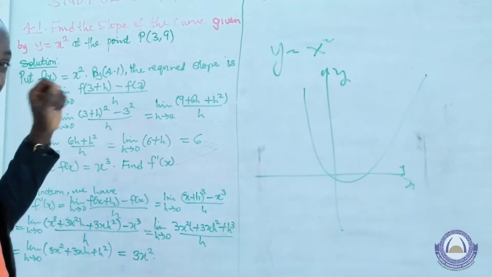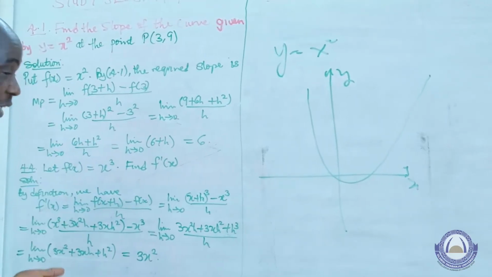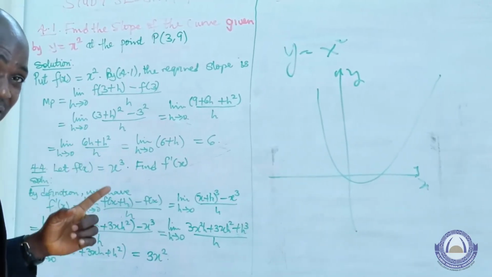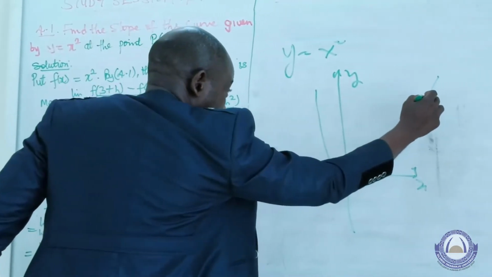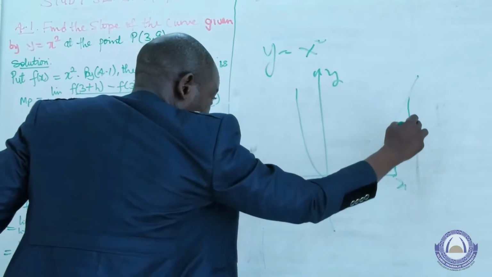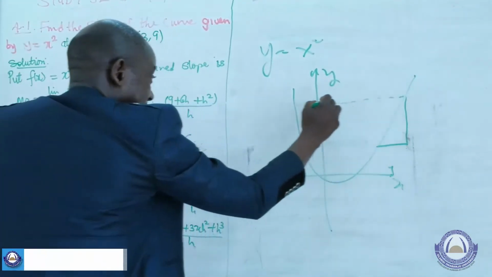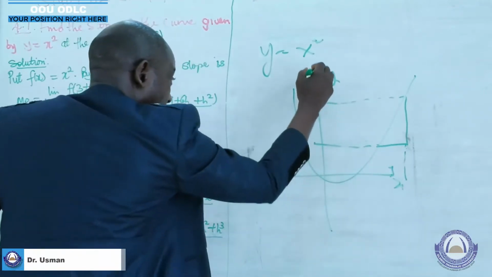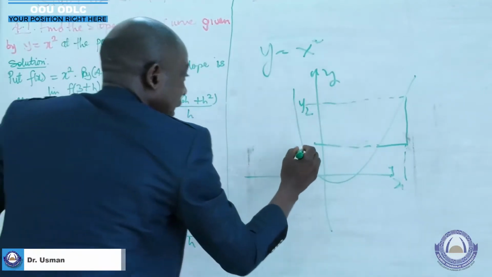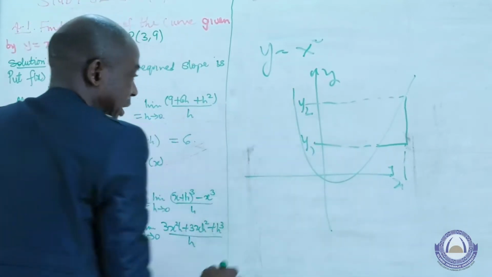Then I told you the meaning of the slope or the gradient is an increment in the y-axis over the increment in the x-axis. So if you take a portion of this graph, join this one like this, join this one like this. So we have along the y-axis y2, the upper limit, and y1, the lower limit.